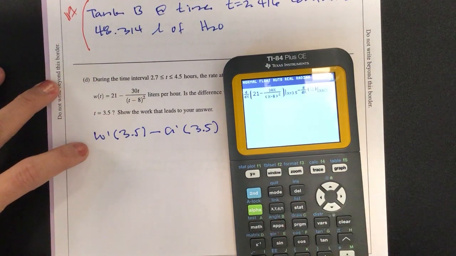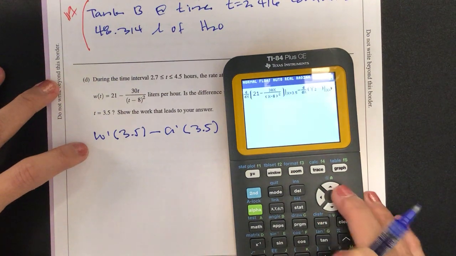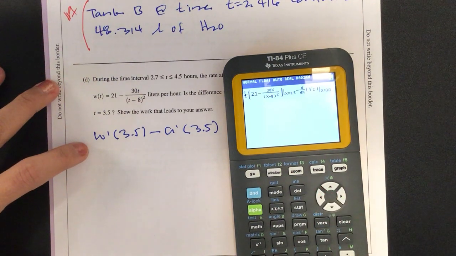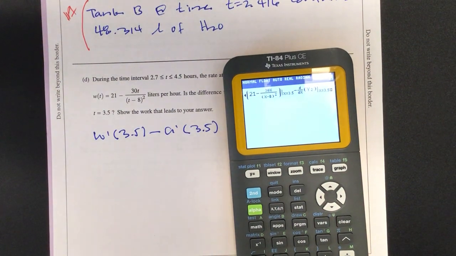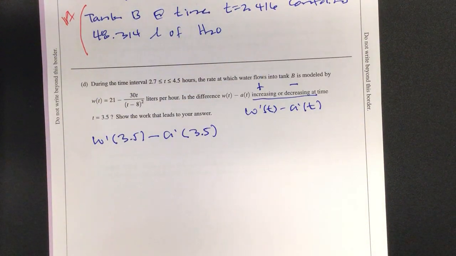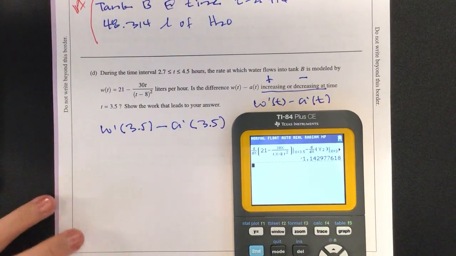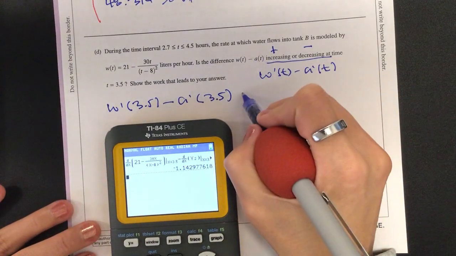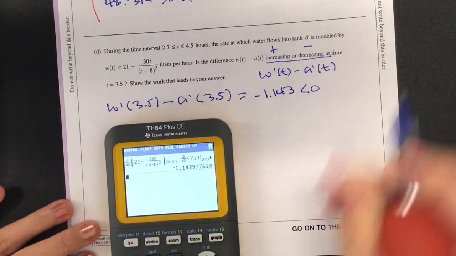And this time we're going to call out the vars. Okay, for time's sake, I'm just going to press enter. We get negative 1.143, that's less than 0.